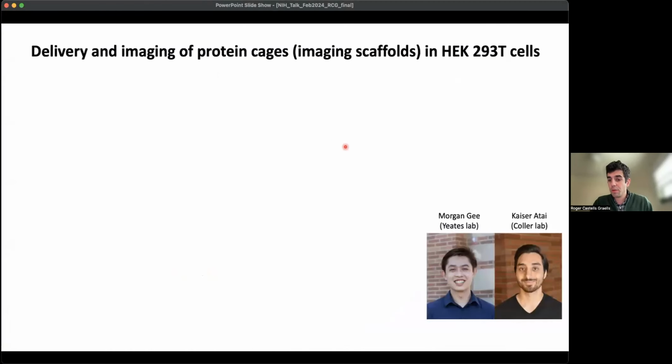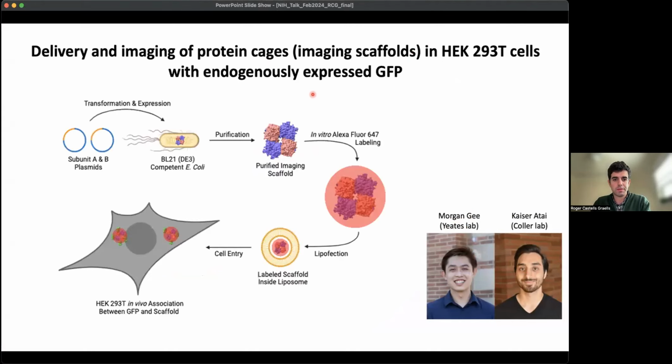So this work has been led by Morgan G, who is an undergraduate in our lab, and by Kaiser Atai, who is a graduate student in the Kohler lab. So the idea was to deliver these protein cages, and we tested to do it in HEK293 cells, which are mammalian cells.